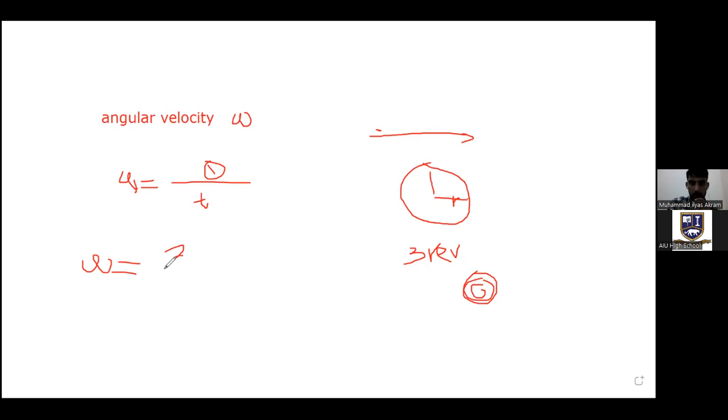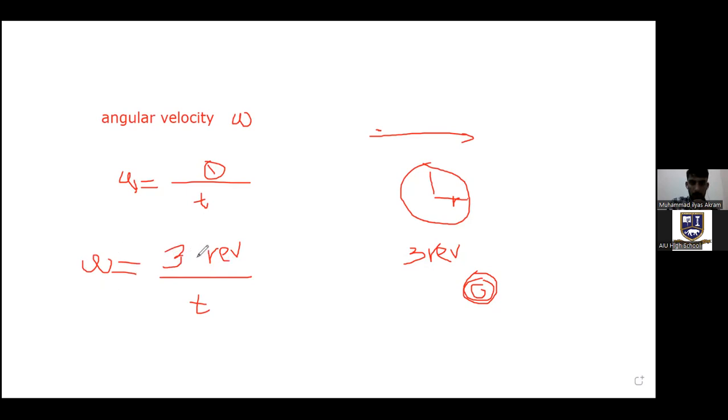So we can say 3 revolutions per time t, and the time has to be given, in a numerical value. We can then calculate the value of angular velocity from the data.